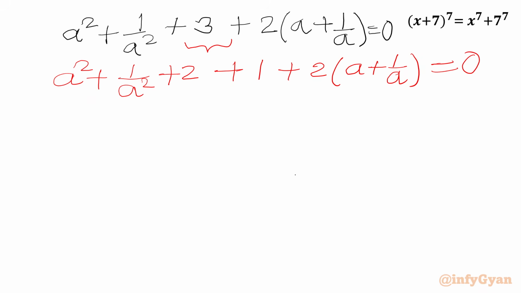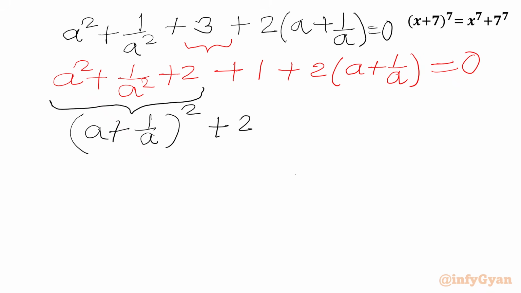Now from the first 3 terms, a square plus 1 over a square plus 2, we can write a plus 1 over a whole square. Then we have 2 times a plus 1 over a. Then we have plus 1 equal to 0.